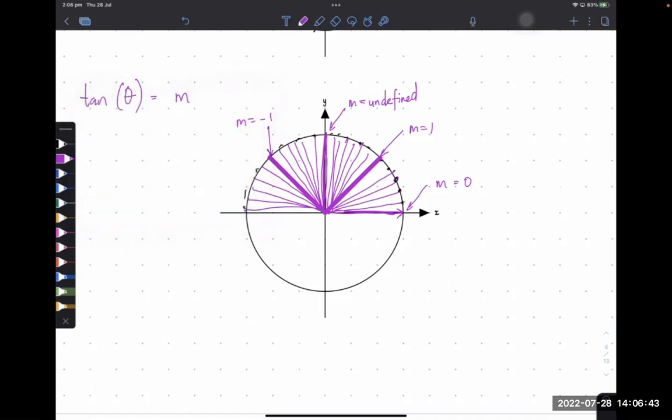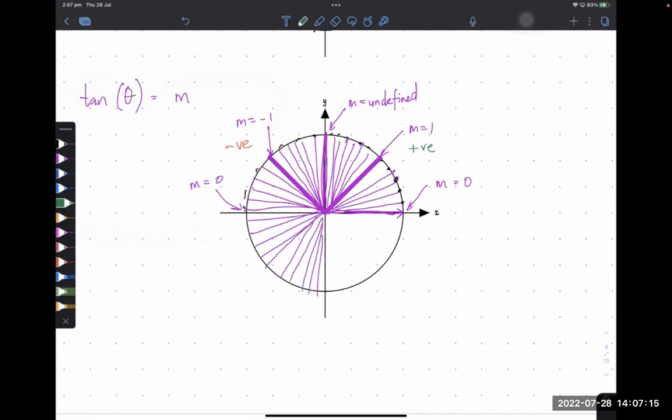If I continue this line now, what's the gradient over here? 0. Back to 0. Okay. So what do we notice so far? We've got positive. And in this second quadrant here, what's our gradient? They are negative. Let's continue on. We go back around here, and then you notice that the gradient is positive again.